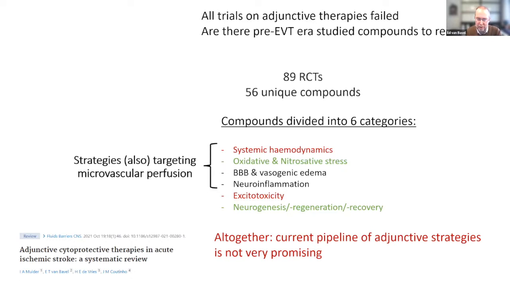And I know the next speaker will talk about this and come with some promising candidates, but altogether it's very limited. So how should we get this better?